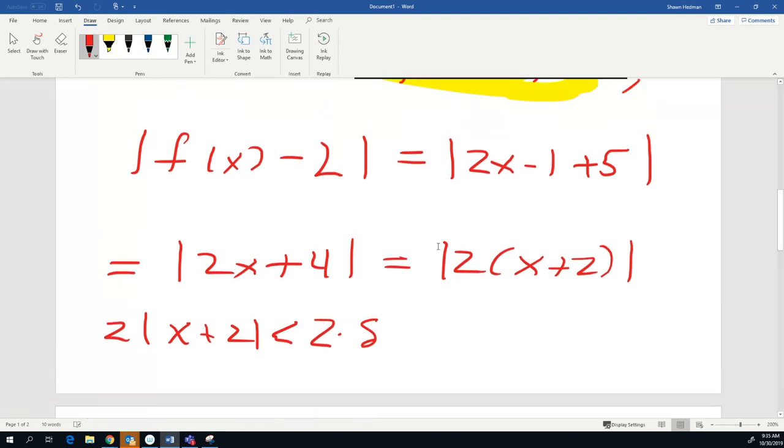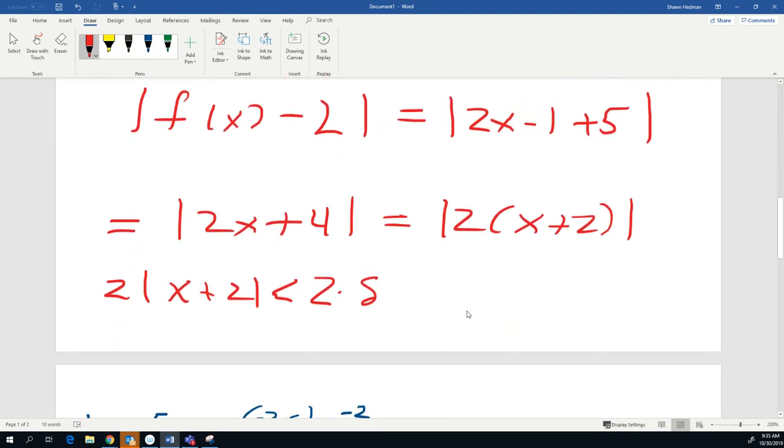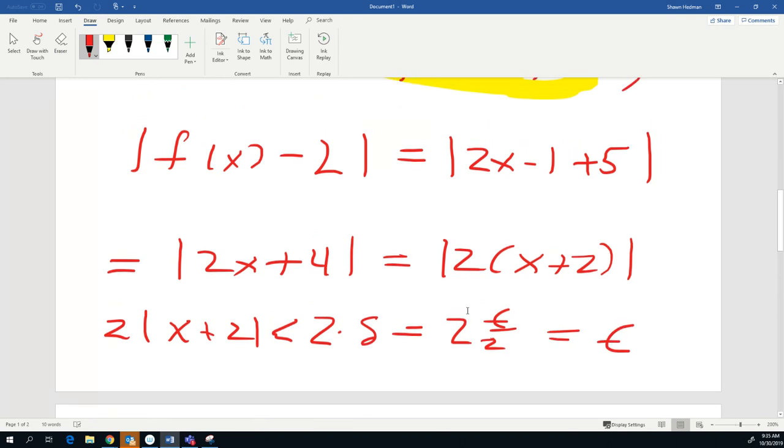I'm also assuming I define delta to be epsilon over 2. This is 2 times epsilon over 2, and the 2's cancel. This is epsilon. So by this string of equalities and inequalities, I started with the left side of what I wanted to show, the absolute value of f of x minus L, and I showed that that is less than epsilon.